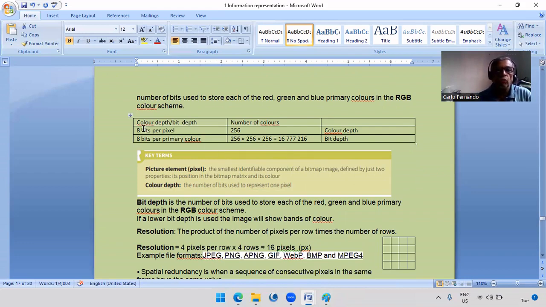file. So to take color depth and bit depth in this column, the color depth is 8 bits per pixel, then 256 colors. If the color depth is 8, that's how it is said. If the color depth is 8 and the unit is bits, you get 256 colors.